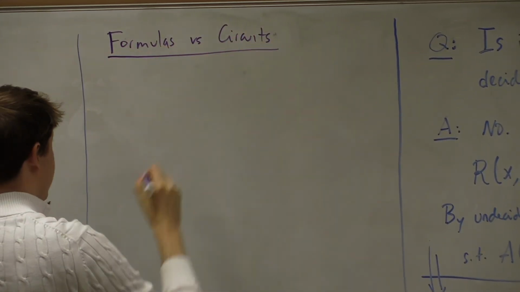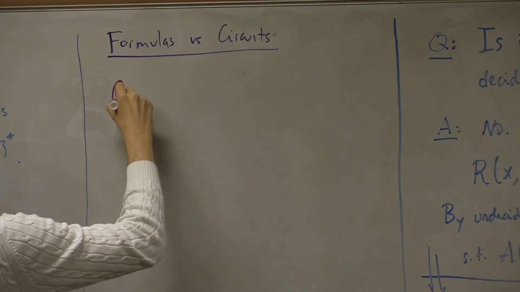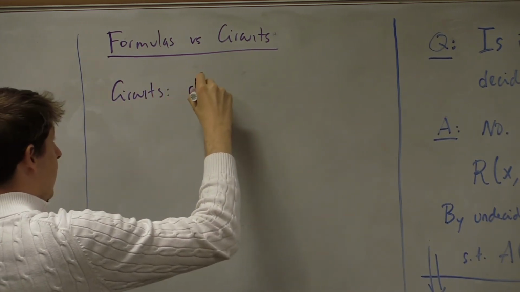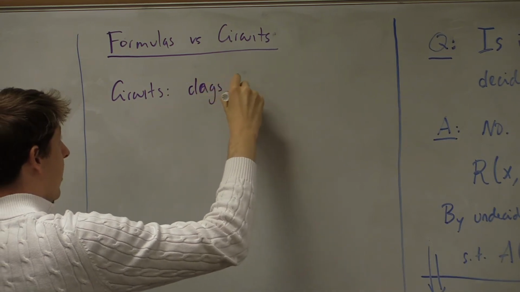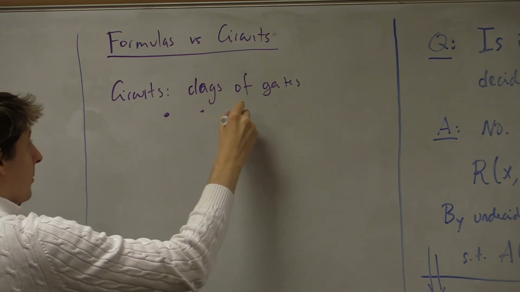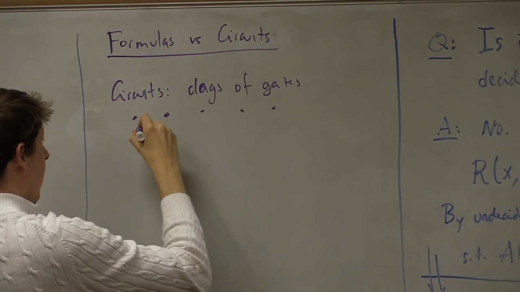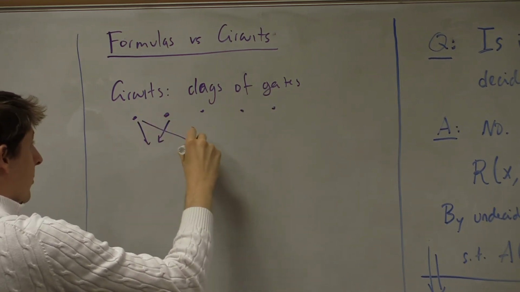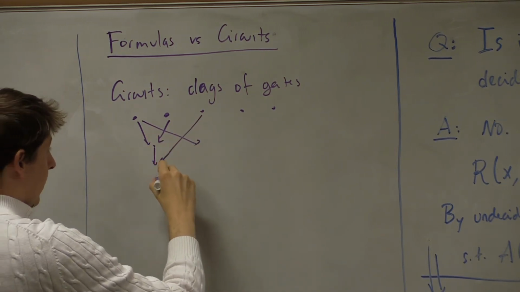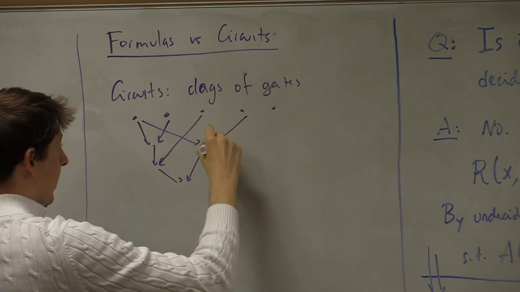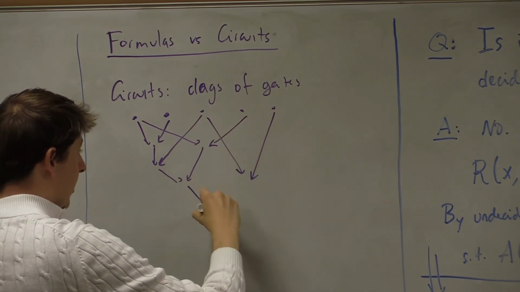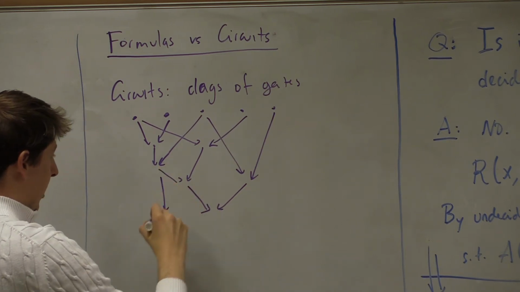So we already discussed Boolean circuits. They are just directed acyclic graphs of gates. So you have some inputs, and you have gates internally, and it's computing in a reasonable way, and at some point you produce some outputs.